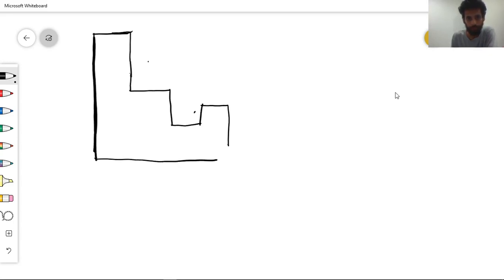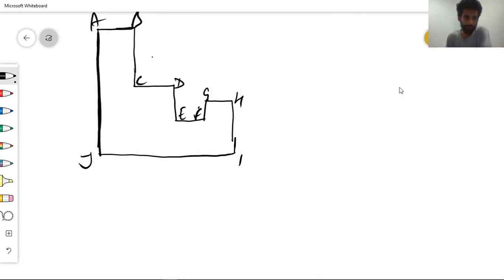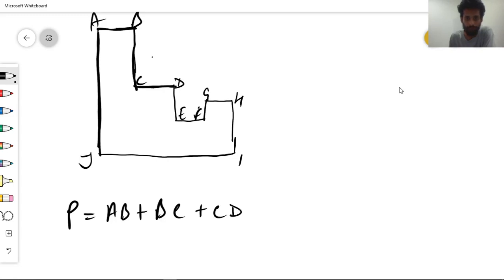If this is a figure with points A, B, C, D, E, F, G, H, I, J, the perimeter will be: first we start from A to B, so AB. After that from B to C, BC. After that from C to D, CD.